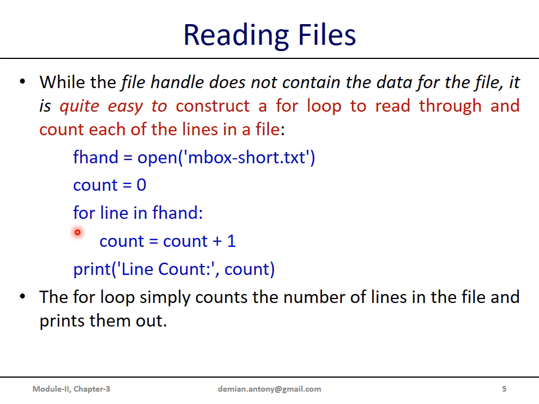Suppose you want to display the file contents. What you have to do is, before count or after count, write print line, which prints the line. So what is the output if we print? We will get one blank line between each of the lines present in the text file. What happens in Python is whenever a line is read, Python reads the line till a new line is reached.